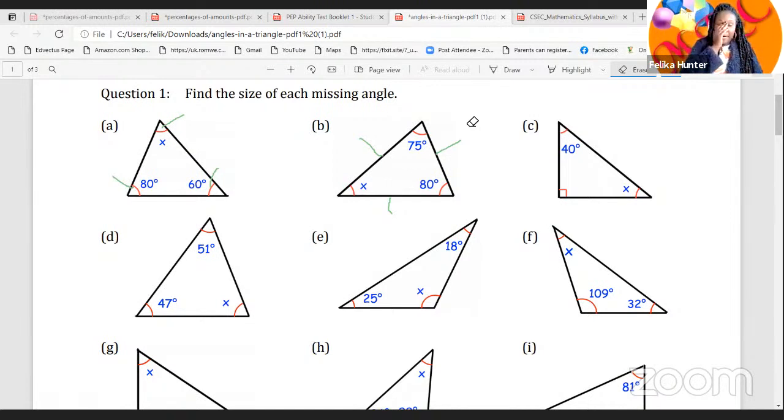All right. So we're going to work out the angle here. Who wants to help me to work out the angle for the first one?